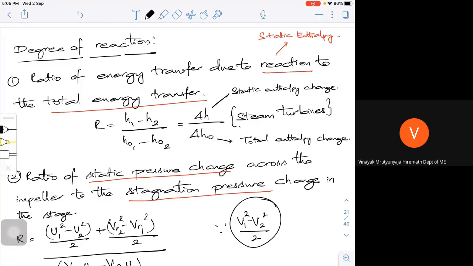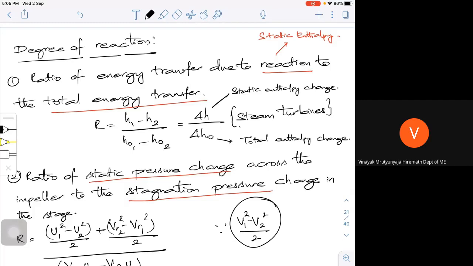Then what is your total energy? Your centrifugal energy, your relative component of energy as well as kinetic energy. So in total energy you have three components. In static energy you have only two components. But in case of axial flow machine, even the kinetic energy component is also missing.